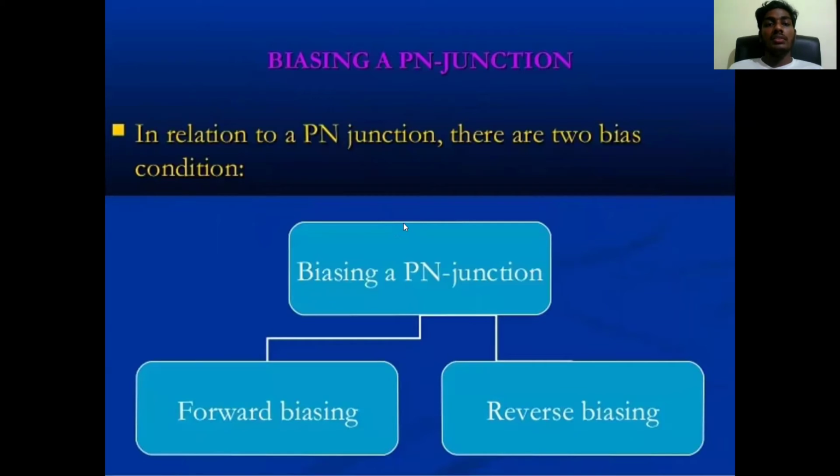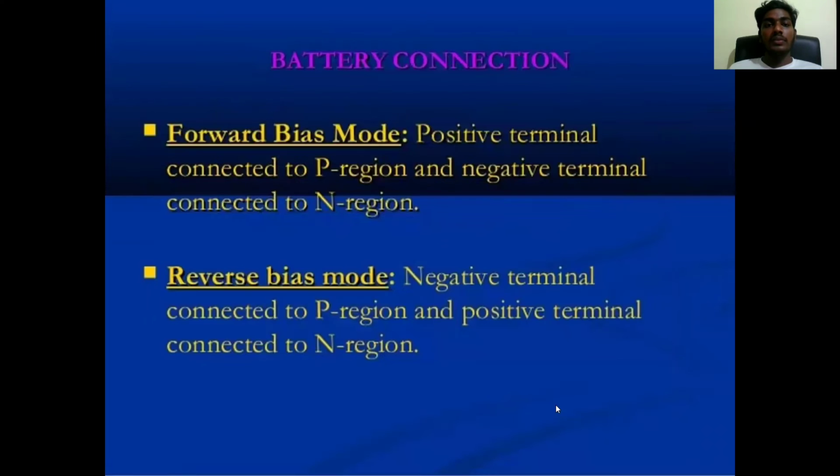Next, biasing a p-n junction. In relation to a p-n junction, there are two bias conditions. One is forward biasing and second is reverse biasing. Let's see that. Battery connection. Forward bias mode: positive terminal connected to the P region and the negative terminal is connected to the N region.